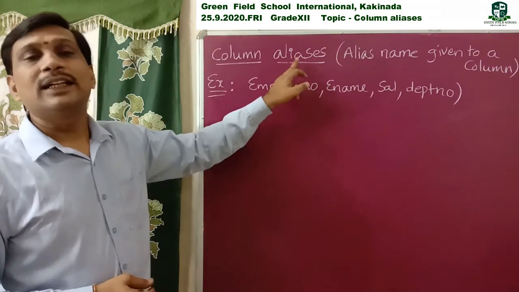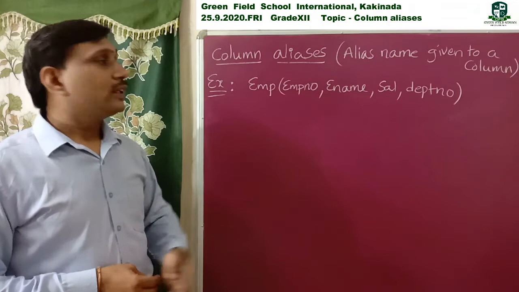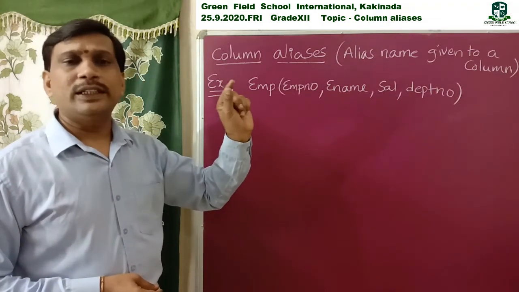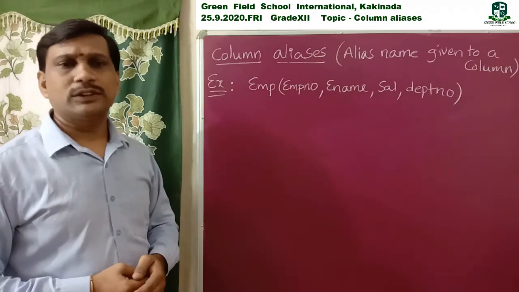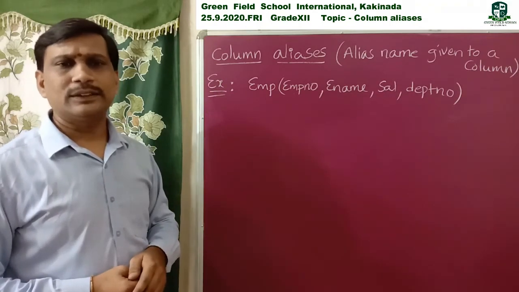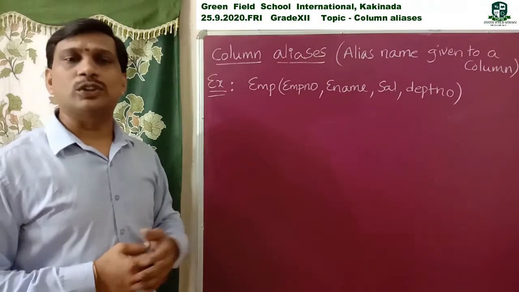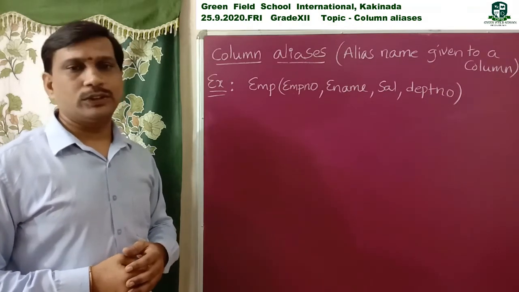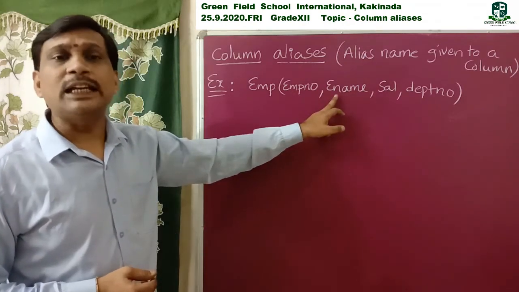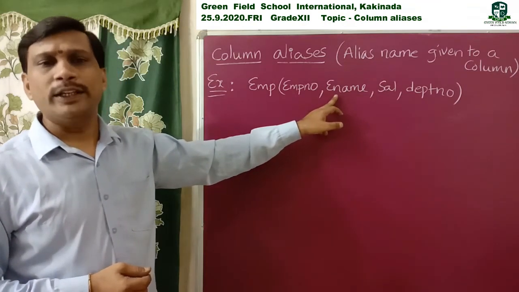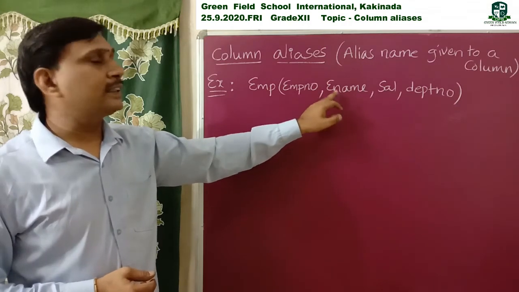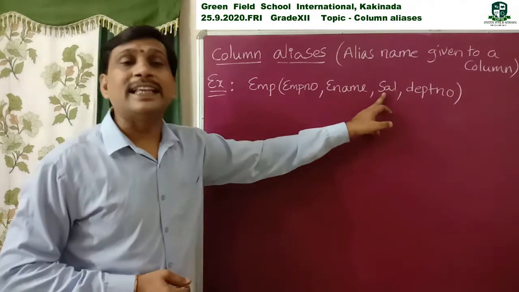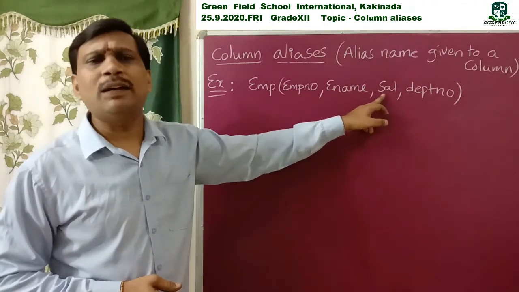Those are called column aliases. See here, ename. Simply we write column names, or simple names, and some codes we use here. We replace those codes with our interested names. Here ename means employee name, so I write the column alias for this column as employee name. Like that, sal means salary of the employee.